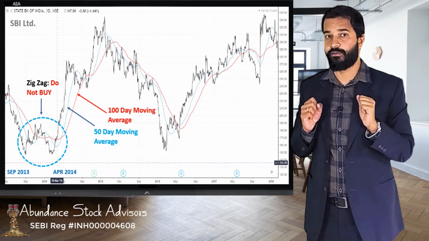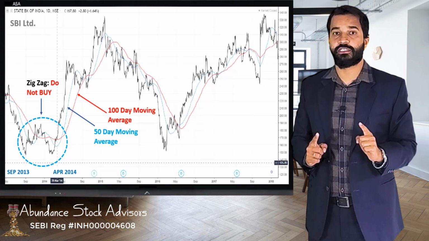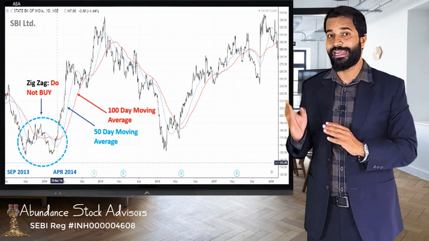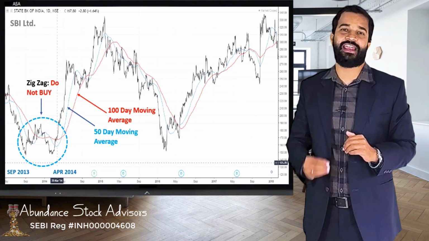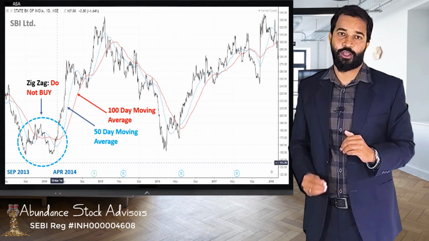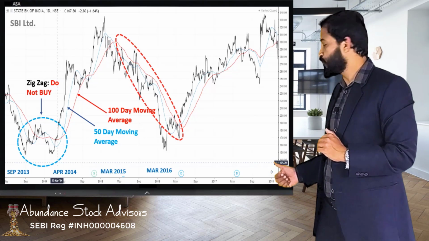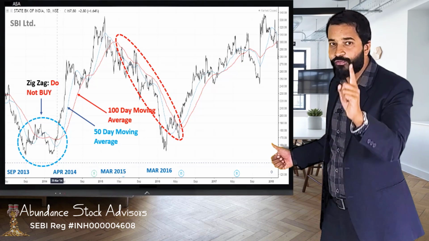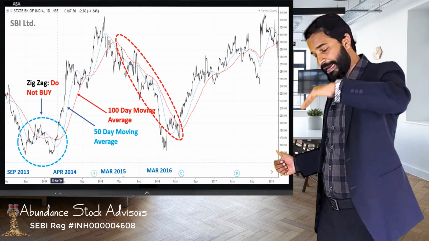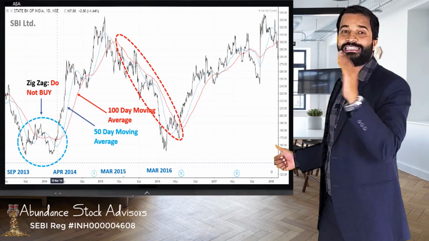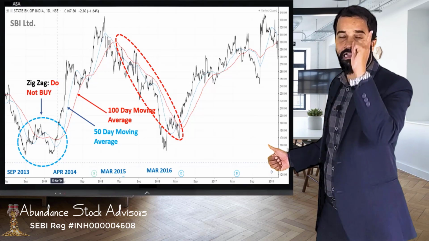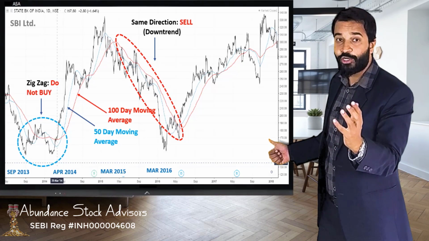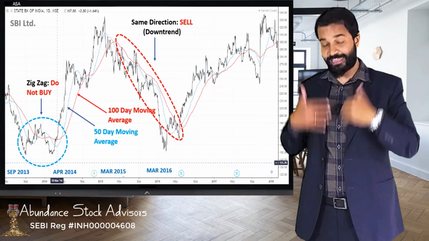On the other hand, when the moving averages are moving in the same direction clearly, it represents a clear trend for the stock. So between March 2015 and 2016, both of the moving averages are moving in the same direction without any zigzag pattern, representing a clear downtrend and telling us to stay away from the stock or sell the stock.